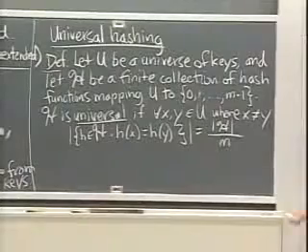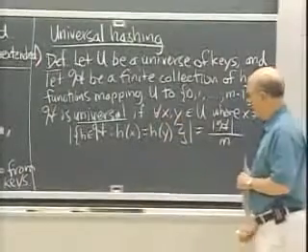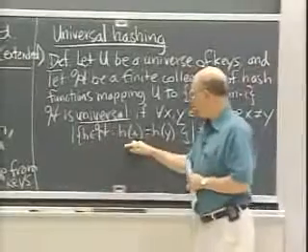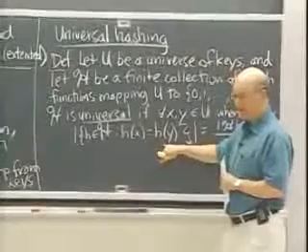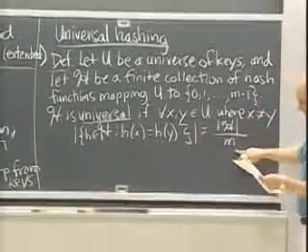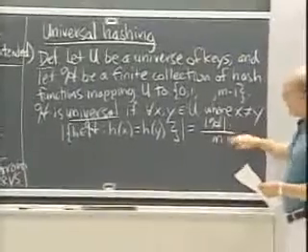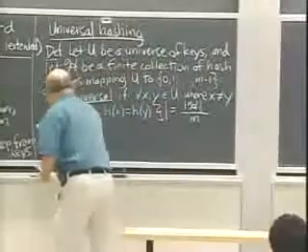For any pair of keys I pick, the number of hash functions that hash those two keys to the same place is a 1 over m fraction of the total set of hash functions.